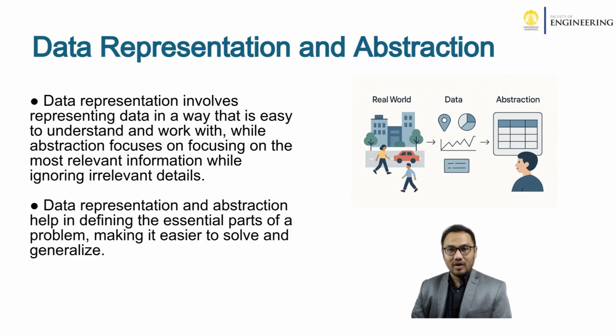For instance, when modeling a system, we might represent it with a simple diagram and a few key parameters, rather than every small detail. By choosing appropriate representations and using abstraction, we reduce complexity, make communication easier, and prepare the problem so that it can be handled systematically or even automated later.